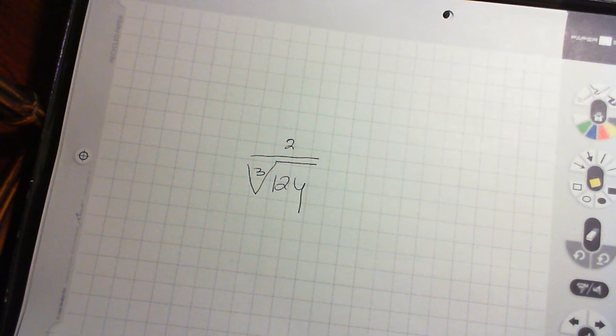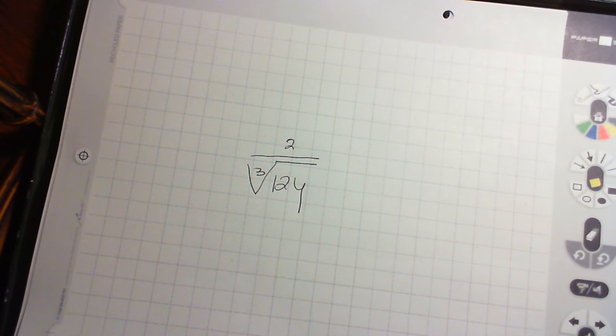If you multiply the cube root by the cube root, you do not get rid of the radical sign at the bottom. So somehow you need to be able to take the cube root of y.